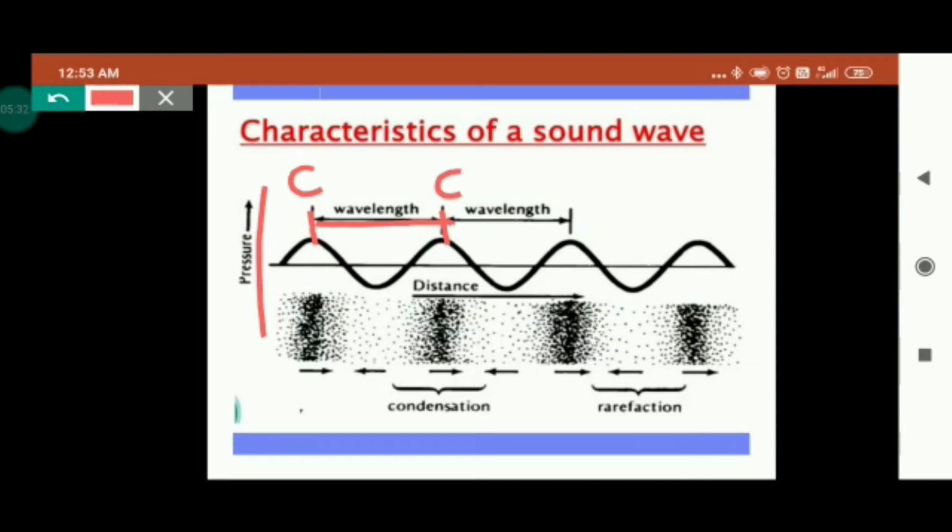That is, the distance between two compressions is known as the wavelength. Wavelength is generally denoted by lambda and its SI unit is the meter since it is a length. On this side, we represent the pressure. This is the area of condensation, that is compression, and this is the area of rarefaction.